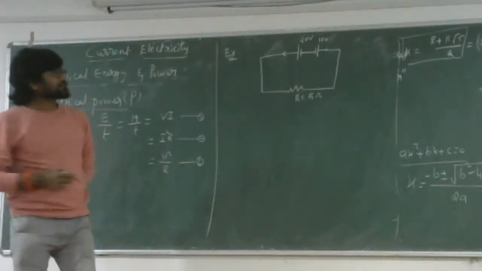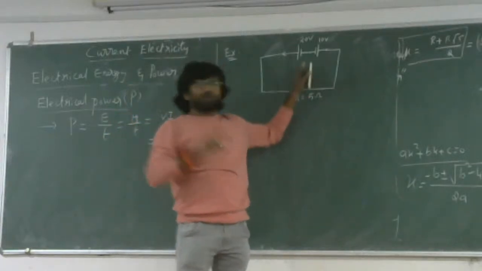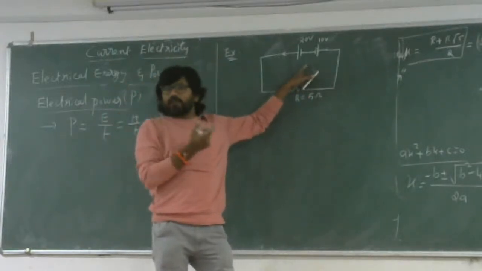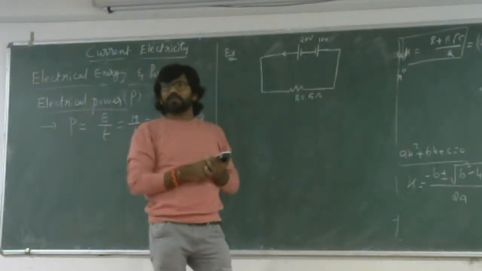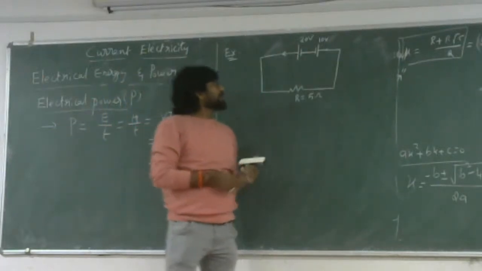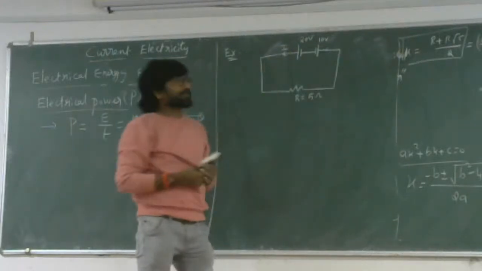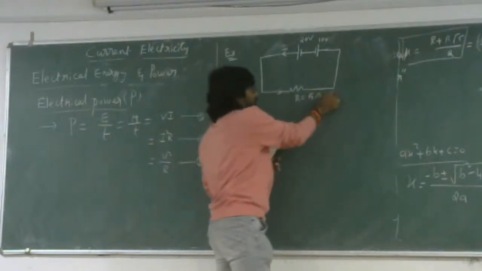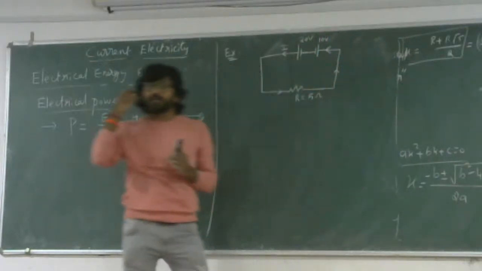Yes? Then the question is, after this you should have an idea of what this EMF is. In general, we consider the circuit like this. The current I is drawing from this, and this current is passing to this, and entering into this. Are you following?